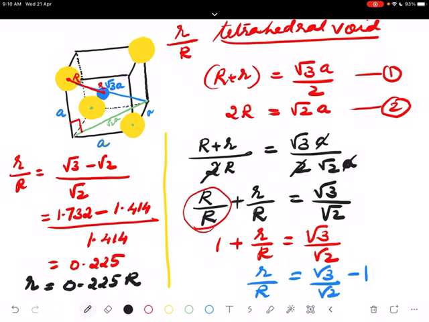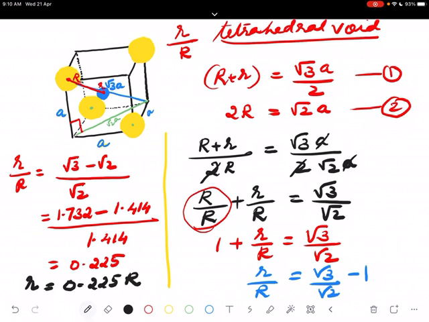Radius ratio means small r upon capital R. Small r is the radius of the void, here the tetrahedral void, and capital R is the radius of the sphere, those spheres which make the crystal lattice.